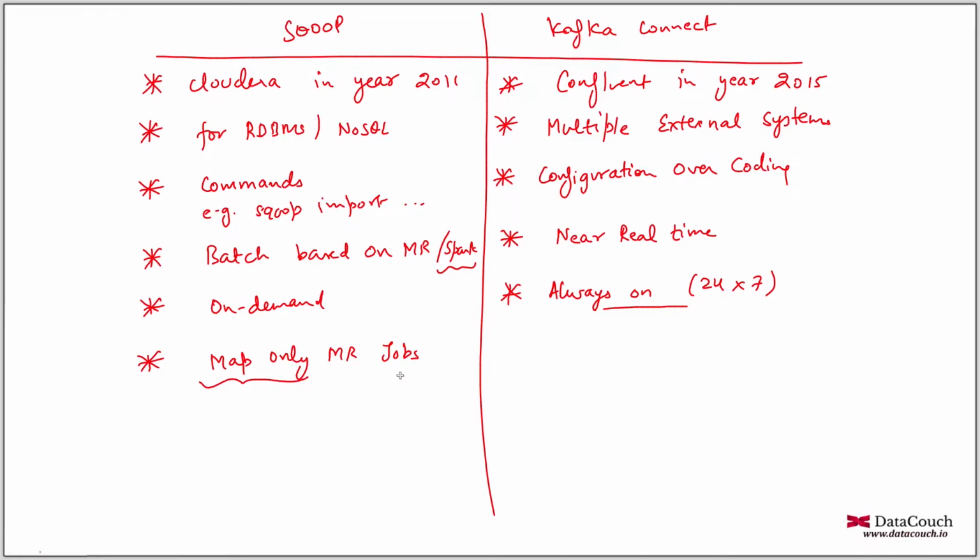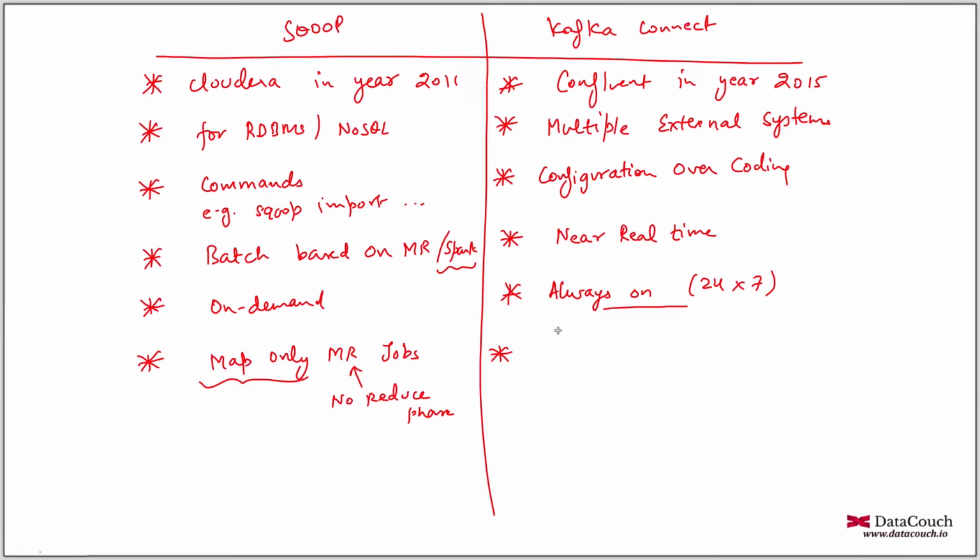So this is a MapReduce job with no reduce phase, which means no statistical function, no computation and no transformation happening. You are just mapping data from a relational database into HDFS.